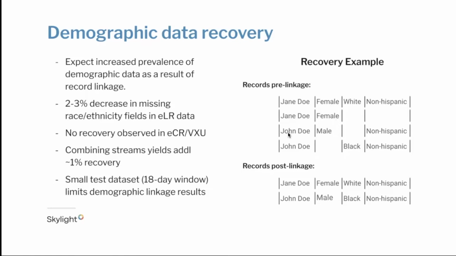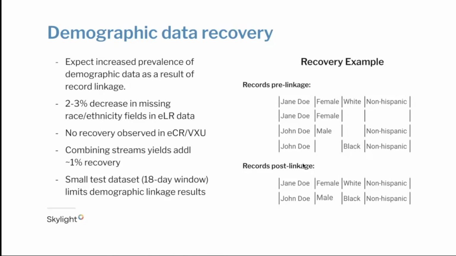We also have two records for a John Doe. One record is missing John's race, and the other is missing John's gender. Now, in the top segment here, 25% of our patients are missing gender, 50% are missing race, and 25% of them are missing ethnicity.